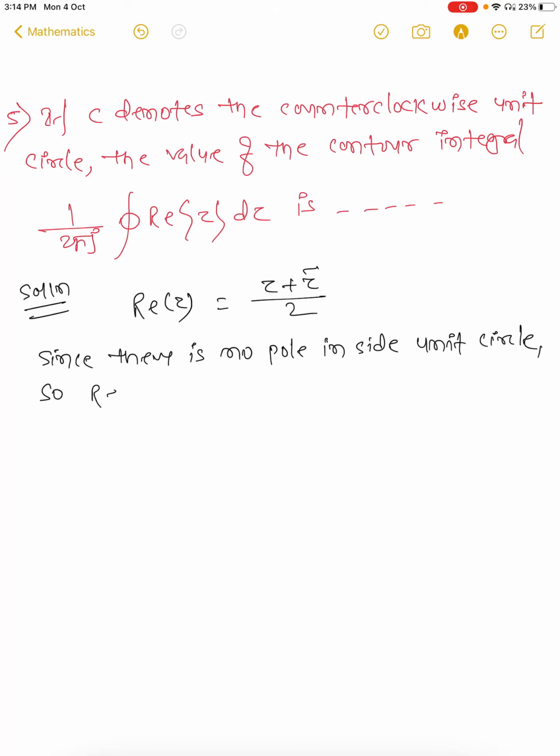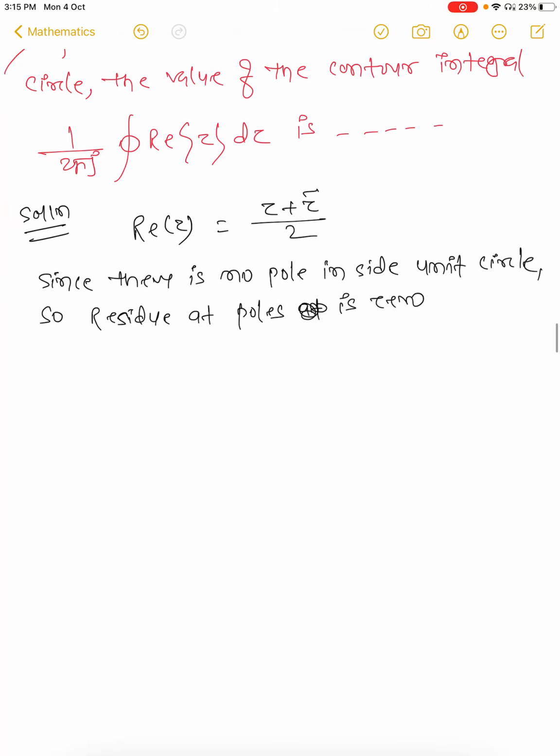So the integration of 1 upon 2 pi j of real part of z dz will be 0.